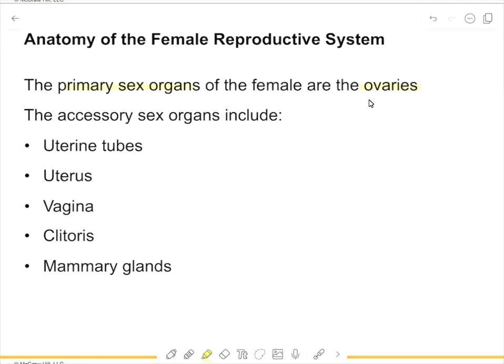Also included are the accessory sex organs, which include the uterine tubes, which are oftentimes referred to as the fallopian tubes, the uterus, which is sometimes thought of as the womb, where the embryo and fetus is going to develop, the vagina, clitoris, and the mammary glands.